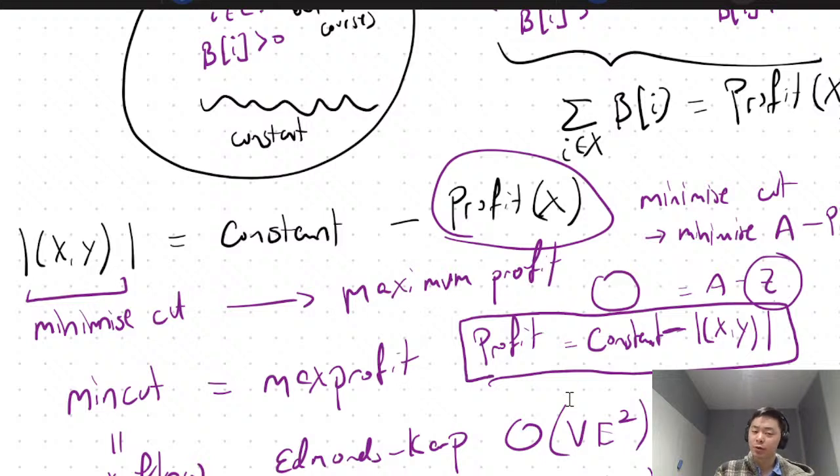So you can broadly think of it then as if I maximize my flow, then I maximize my profit. So the flow actually corresponds to my profit. But here we just want to think of it in terms of min cuts, because the problem itself naturally gives you the correspondence to cuts. So it's more the case of the smaller my cut is, the larger my profit, and vice versa. And so if I want to maximize my profit, I have to minimize my cut, and then the minimum cut is equal to my maximum flow.